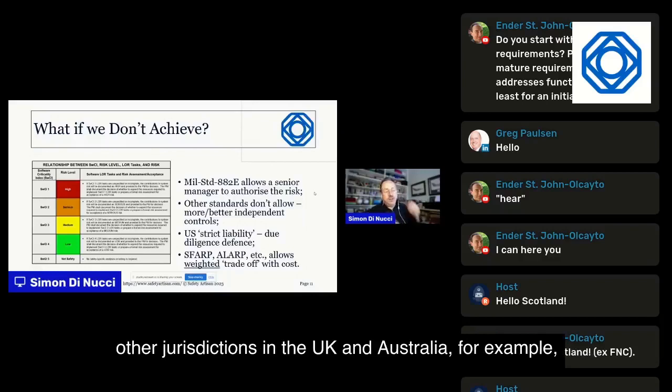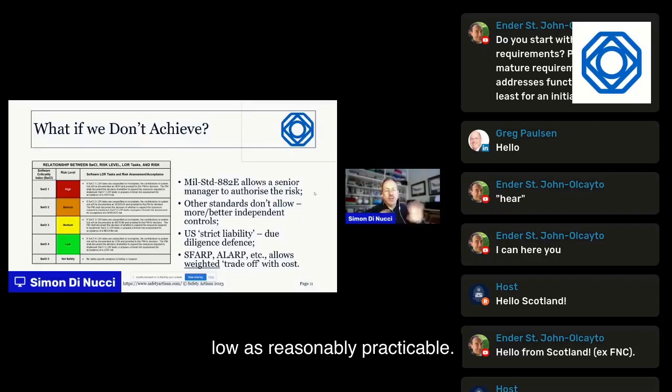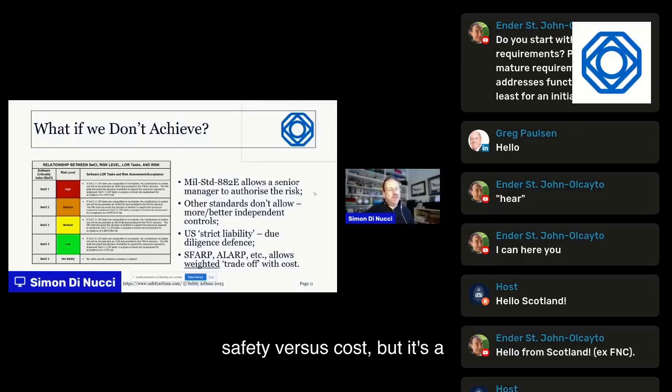Then in other jurisdictions, in the UK and Australia, for example, we have to declare that risks are reduced so far as is reasonably practicable, or as low as reasonably practicable. That test allows us to make a kind of trade-off of safety versus cost, but it's a weighted trade-off in favor of safety.